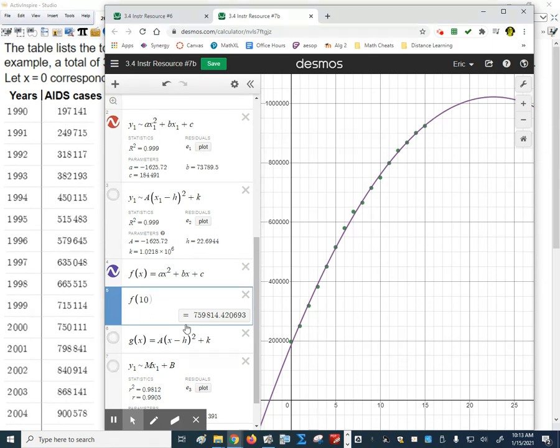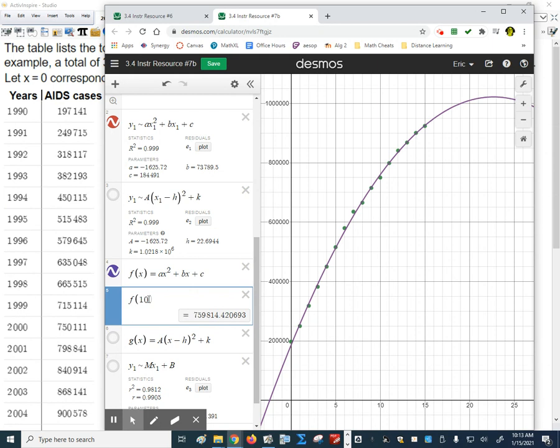And look what I get: 759,814.4. Our data point for the year 2000 was 750,111. Even though that's the data we actually gathered, our best prediction based on the model was that in the year 2000 we should have gotten this many.